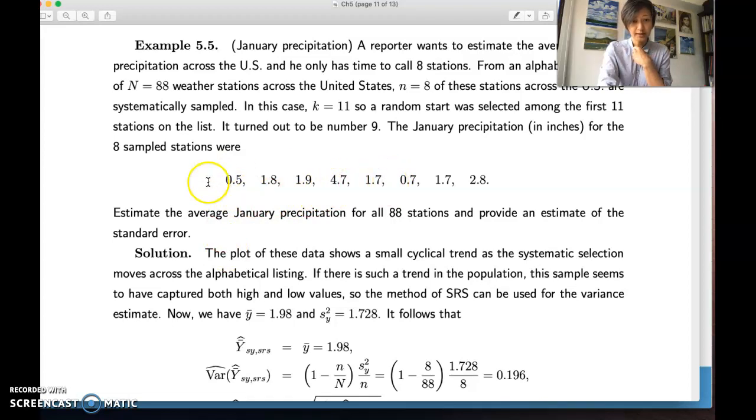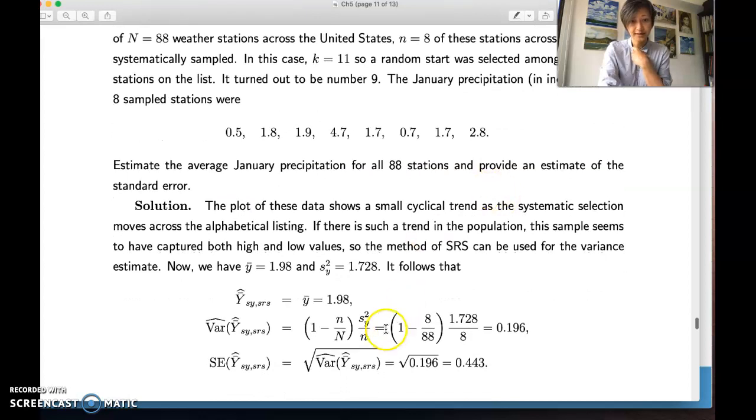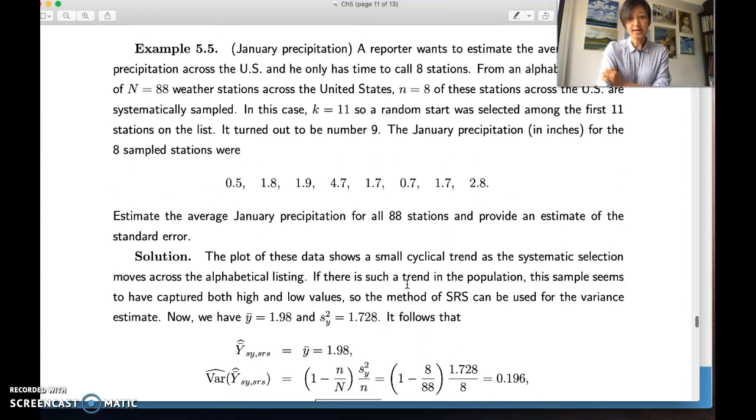So first of all, we can look at the average of the 8 numbers, and we find that it equals 1.98. Or, assuming that we go back to the first estimation of the variance, assuming there's no trend across the alphabetical order of the stations, the rainfall is quite randomly distributed.